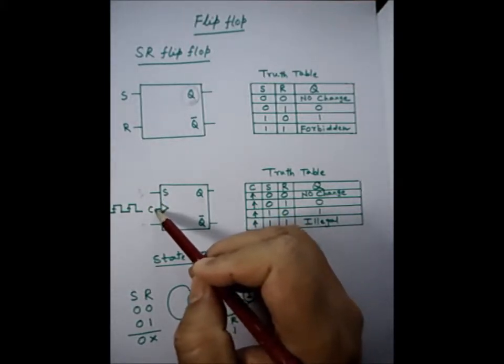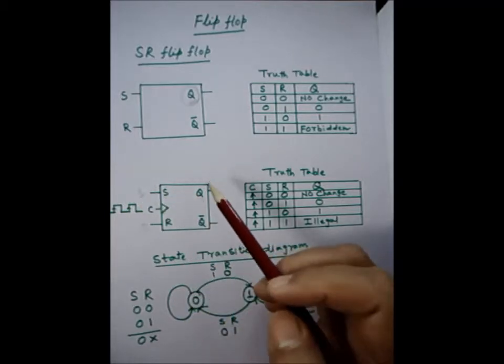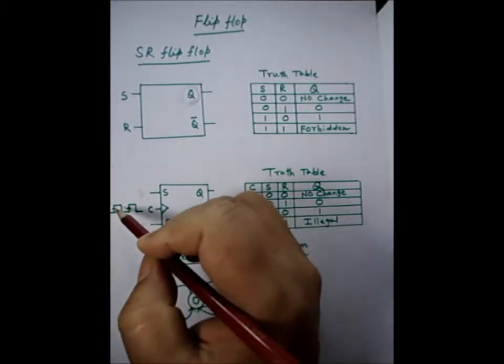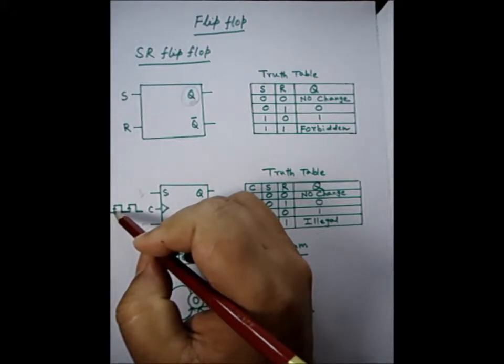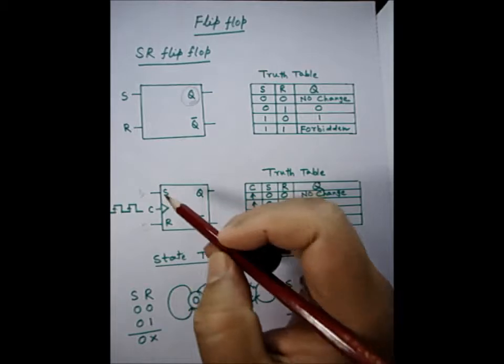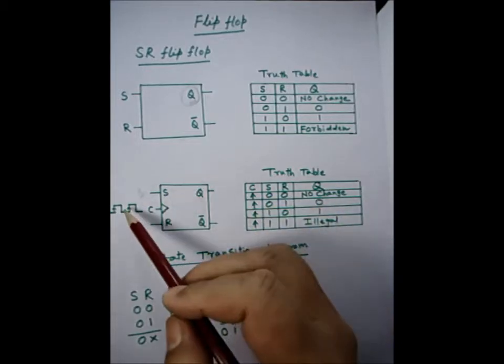We have shown here another input, C, which is a clock pulse. There are two types of clock pulse: positive triggered and negative triggered. Positive triggered means that when the pulse goes from 0 to high, the effect will happen. That is termed positive triggered.